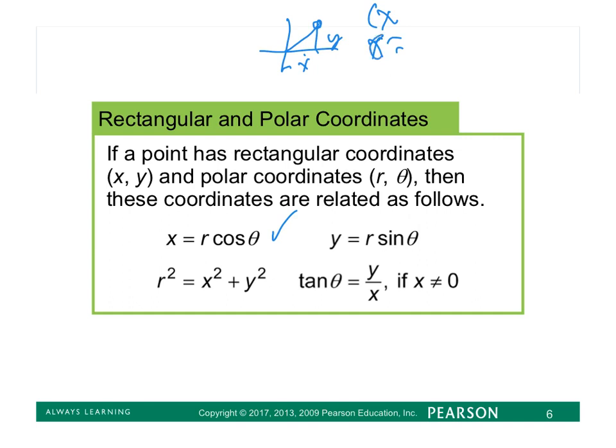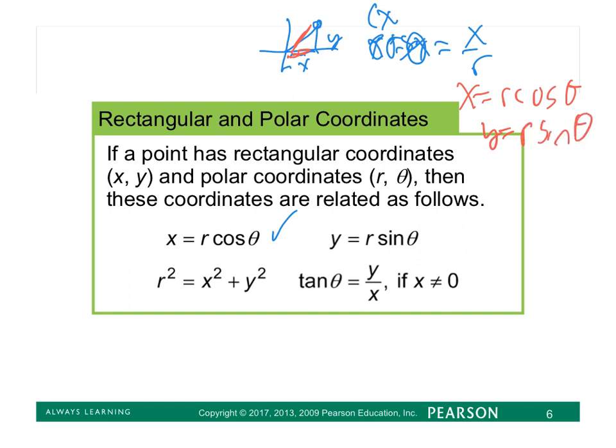Cosine of theta equals X over R. Solve it for X. X equals R cosine theta. We've done that before. Therefore, Y is equal to R sine of theta. Memorize those. We've used it before. We're using it again.